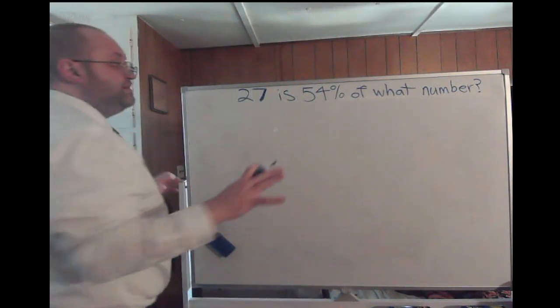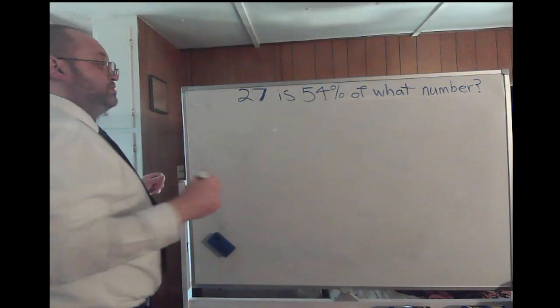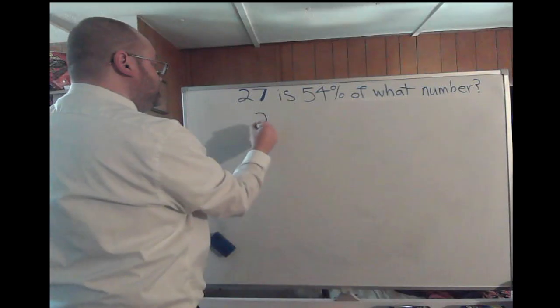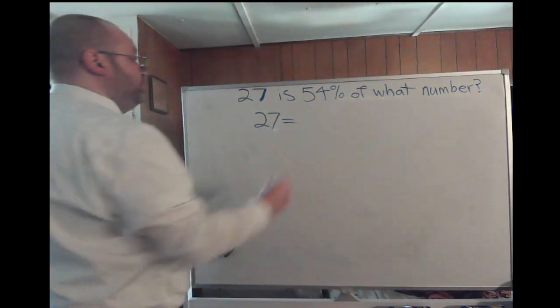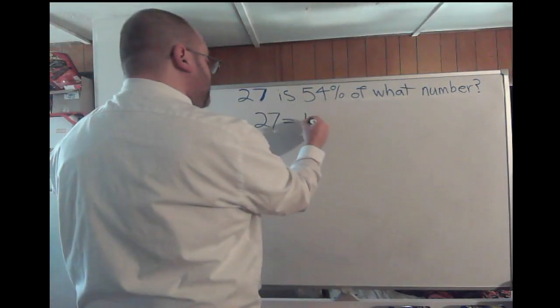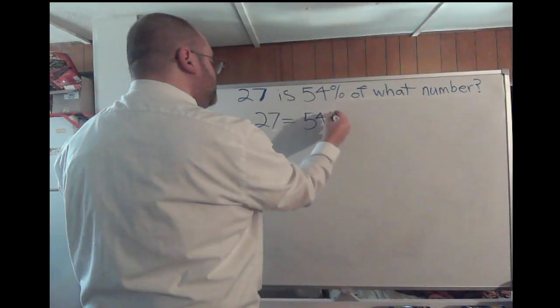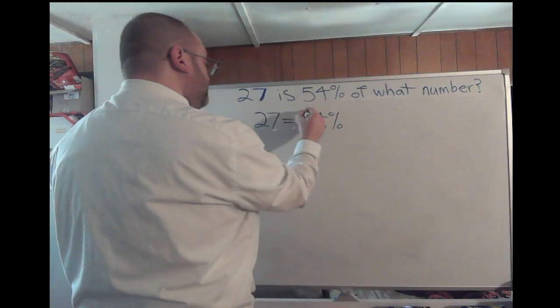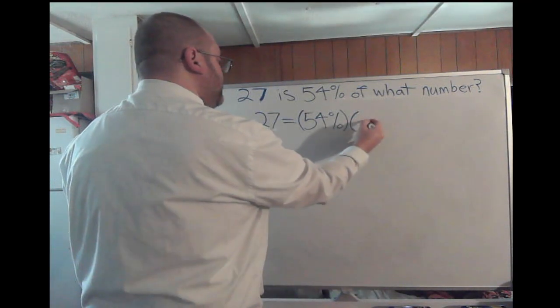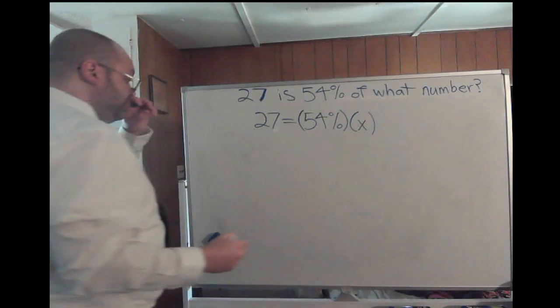Alright, so 27 is 54% of what number? So you have 27 is, so 27 equals 54% of, so it's 54% of what number? We don't know what that number is, so that'll be our variable x.